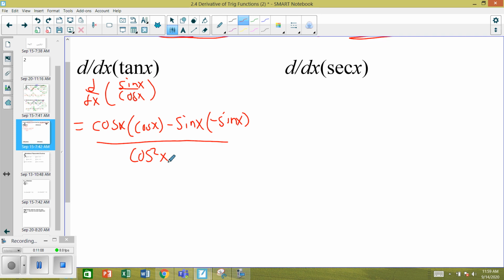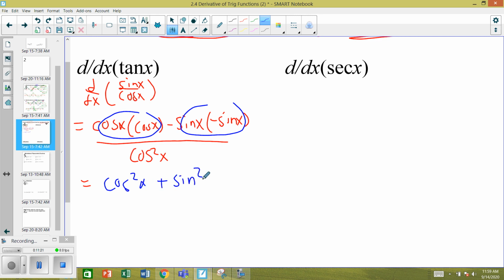All right. Now, if I were to simplify this out, notice that on top we have cosine squared x plus sine squared x, over cosine squared x.